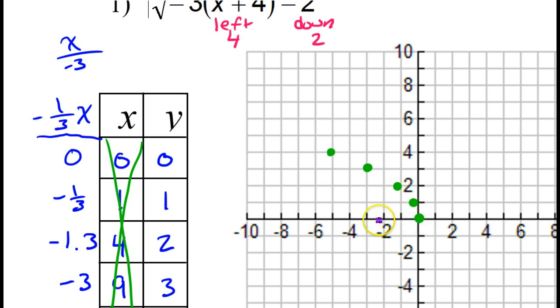Okay, so left 4 and down 2 would be here, and then I'm here, and I'm here. Okay? And that's our final answer.